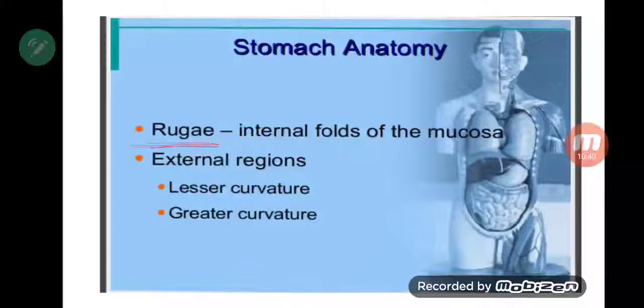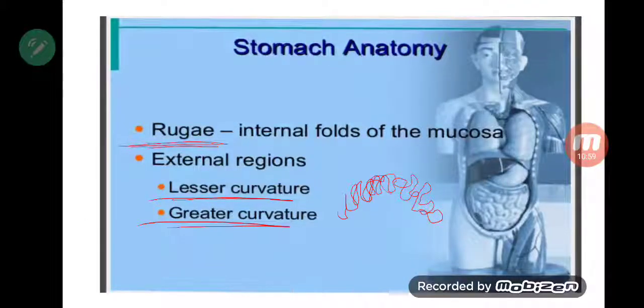Rugae are internal folds of the stomach. They are like this inside the stomach, and they make more space inside the stomach. Externally, we have the lesser curvature and greater curvature.